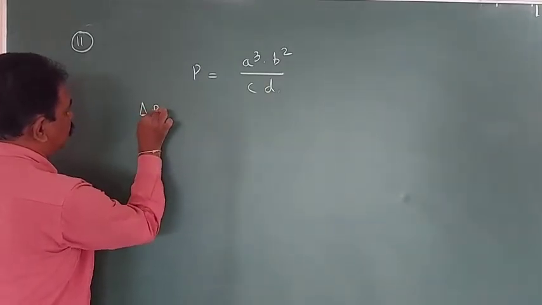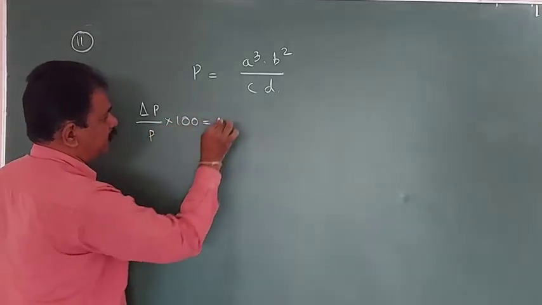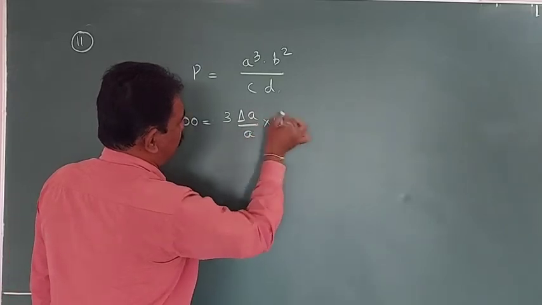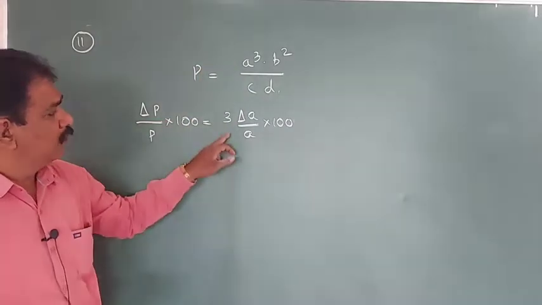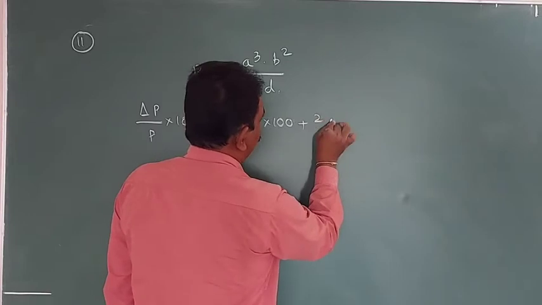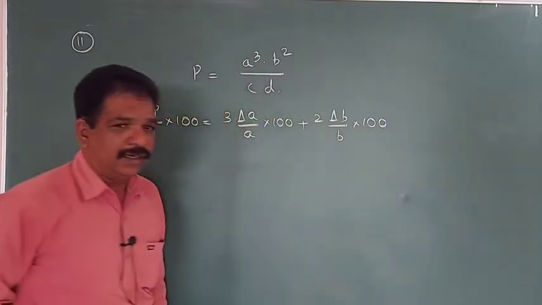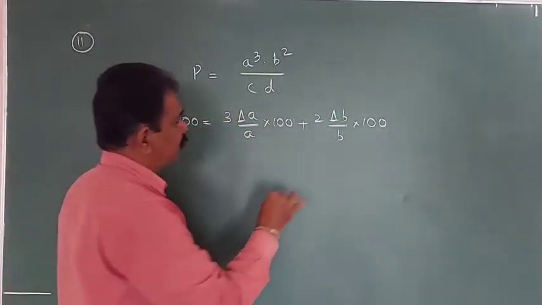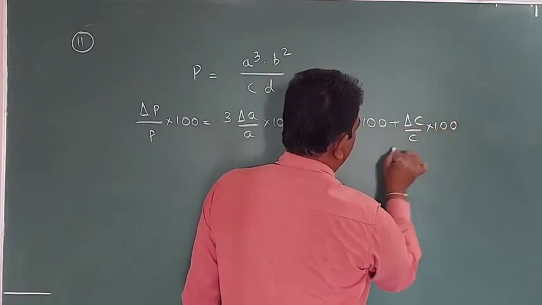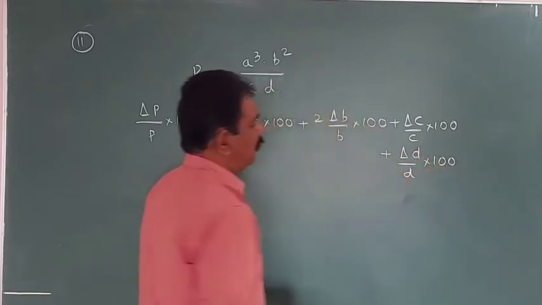So how to write? Delta P by P into 100 is equal to 3 into delta A by A into 100, this power, plus 2 into delta B by B into 100, plus delta C by C into 100, plus delta D by D into 100.